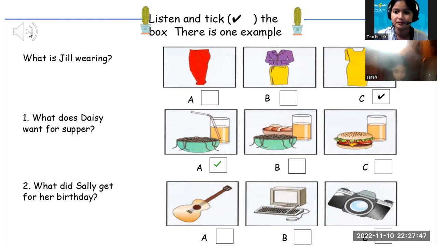What did Sally get for her birthday? It was Sally's birthday last week. Oh, what did her parents give her? I don't know. She wanted a guitar or a computer. Well, they didn't give her those. Oh, yes, I know. They gave her a new camera. She'll like that. She loves taking photos.